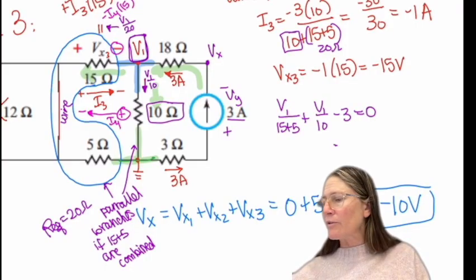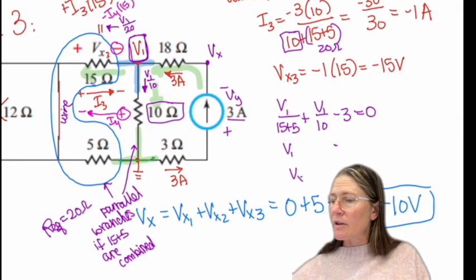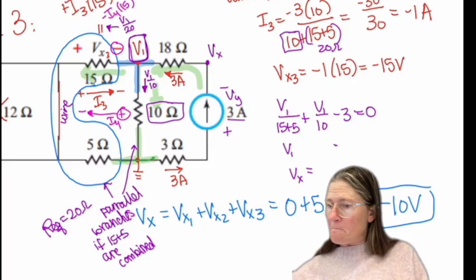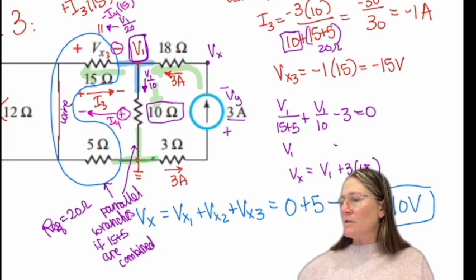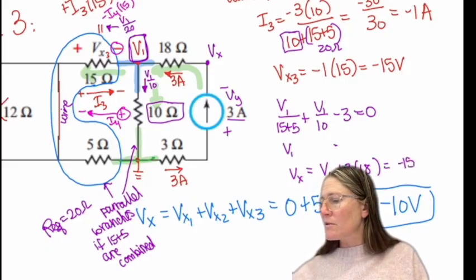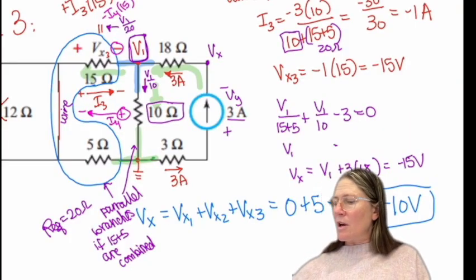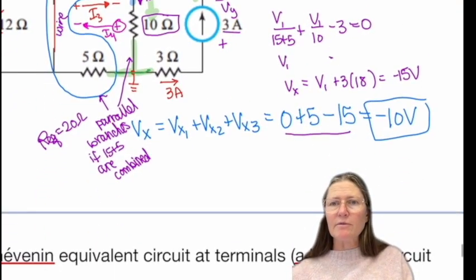And then I can solve this one for V1, and then Vx is just going to be V1 plus 3 times 18 to give me 15 or minus 15 volts. And so summing up all of those gives me a minus 10 volts.